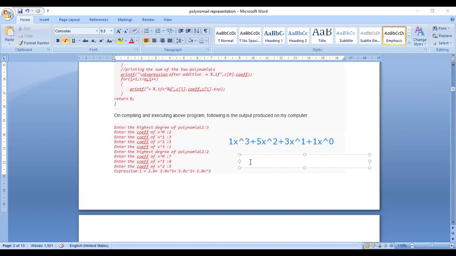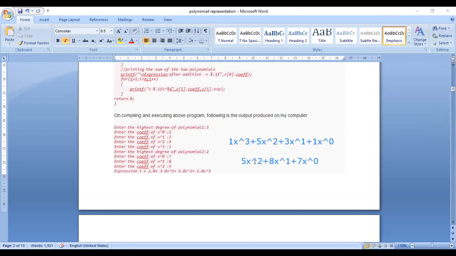So how will I represent it? It is 5 into x power 2, plus 8 into x power 1, plus 7 into x power 0. So these are the two polynomials that were here.